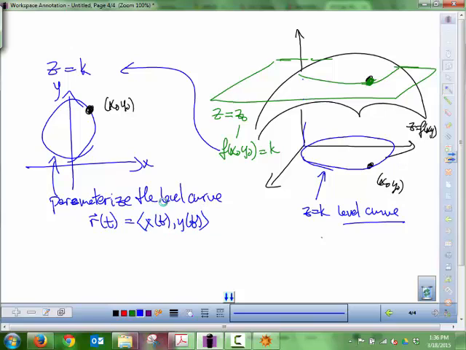And since this is some abstract, general, arbitrary function, we don't quite know what it is. So let's just say it's x of t, y of t. It could be sine and cosine if it's a circle, or it could be an ellipse, or it could be a parabola. We don't know. But we can parameterize it.